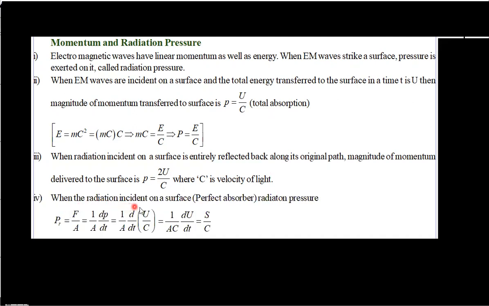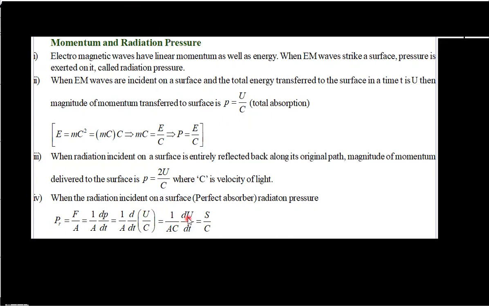When the radiation is incident on a surface that is a perfect absorber, radiation pressure we can say is F by A. So I am taking 1 by A outside, and in the place of F, from Newton's second law, we know F is equal to dP by dt. So now d by dt here, and P value already we have U by c.